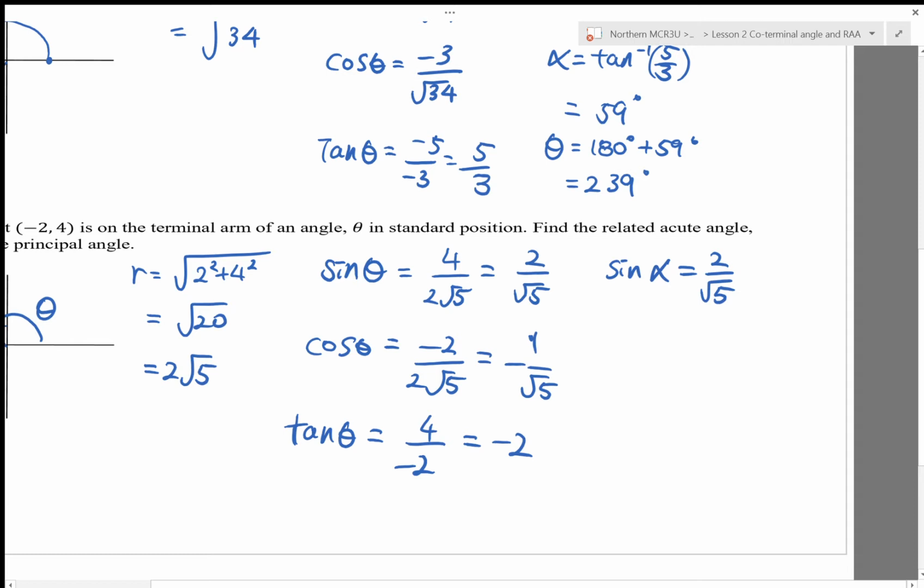And using that, alpha is the inverse sine of 2 over square root of 5. Now that gives me 63.4 degrees.